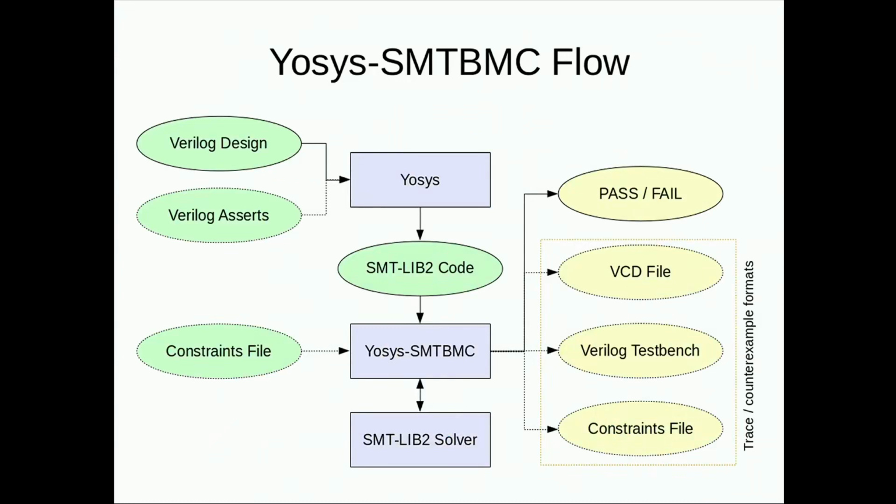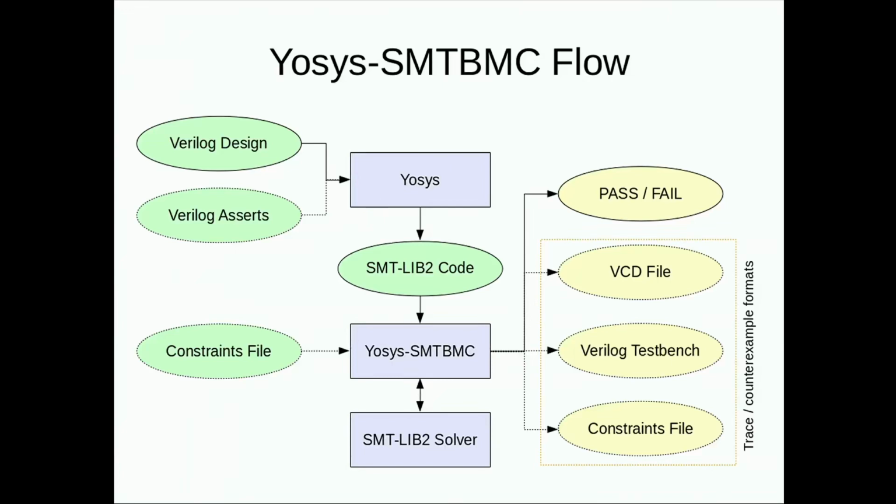When you would like to make such a proof, this is the entire flow you'd be using. You take your Verilog design and your assertions, and put them through Yosys. Yosys generates an SMT-LIB2 model. Then we put this into yosys-smtbmc together with an external constraints file, pass it to the SMT solver, and then I get pass-fail information.